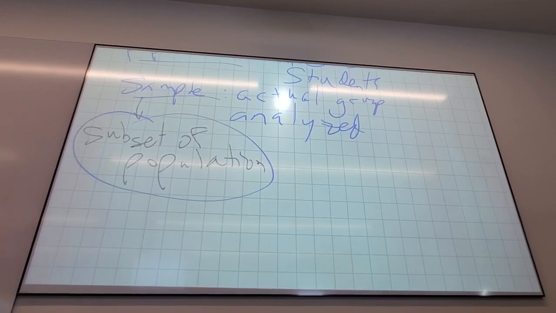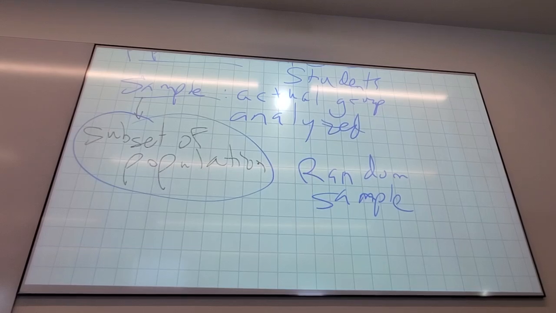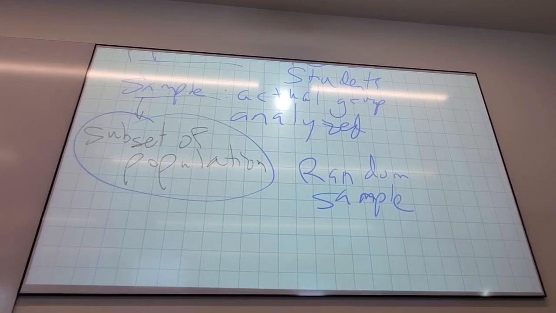So what you're trying to approach is something called a random sample. A random sample is one where every element of the population has an equal chance to get into the sample. Let me say that again. A random sample is one where every element of the population has an equal chance to get into the sample.